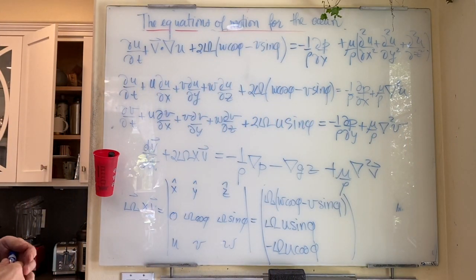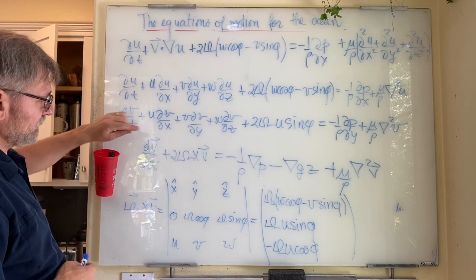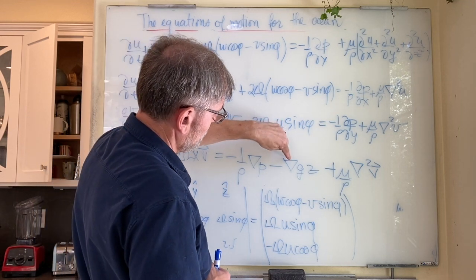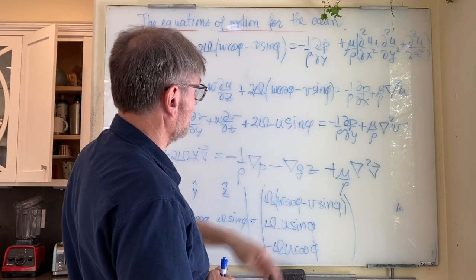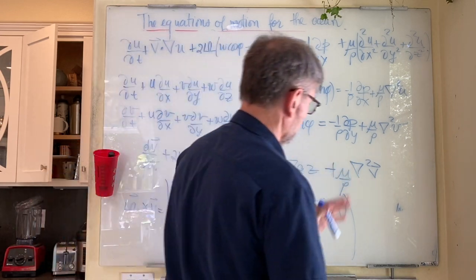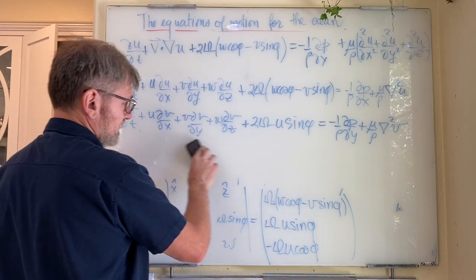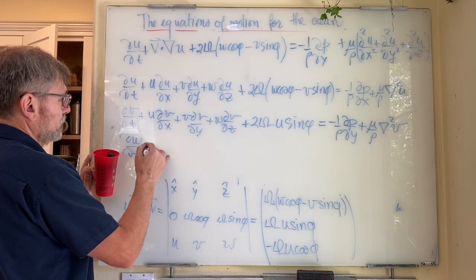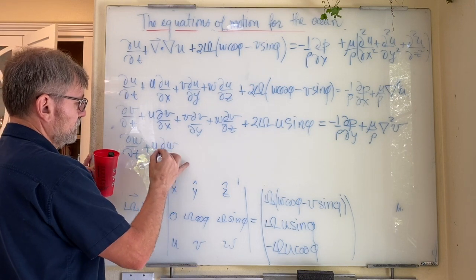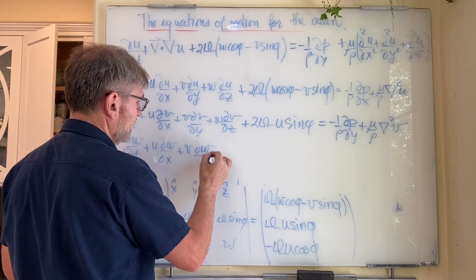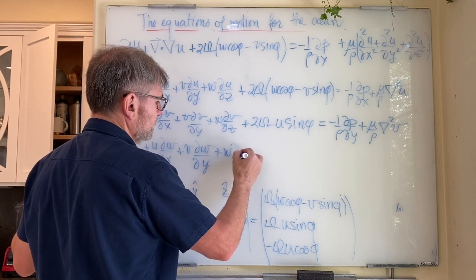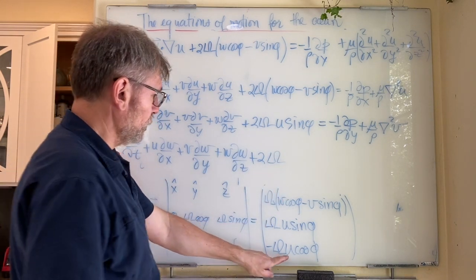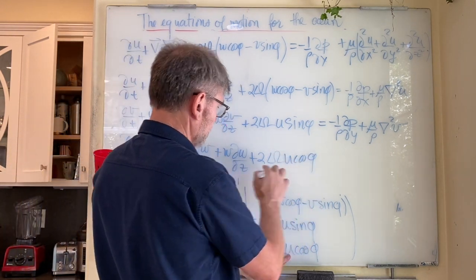And then we have the w component. The w component will be almost the same, except now we'll have to keep the gravity, right? This time the d by dz of gz will give me a minus g. So I'm going to erase this here. And now we can write the final one, dw dt plus u dw dx plus v dw dy plus w dw dz plus 2 omega u cos phi, but with a minus.